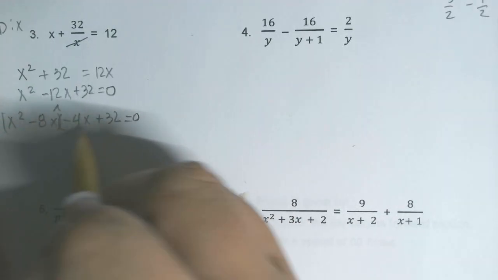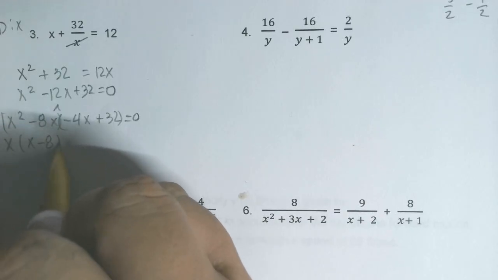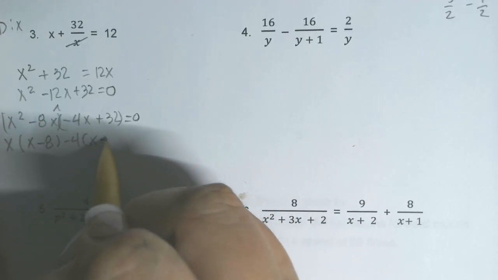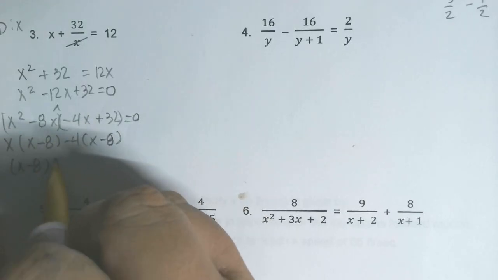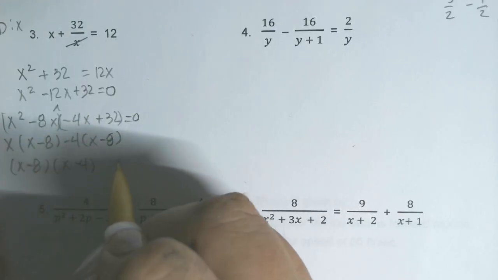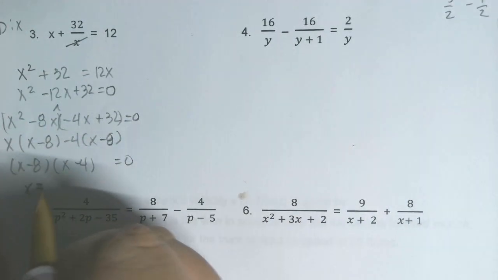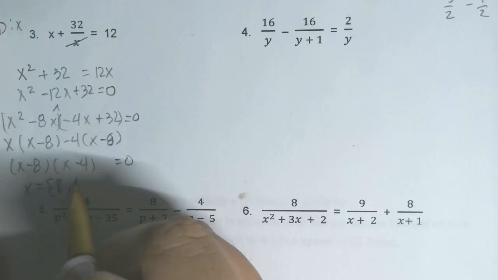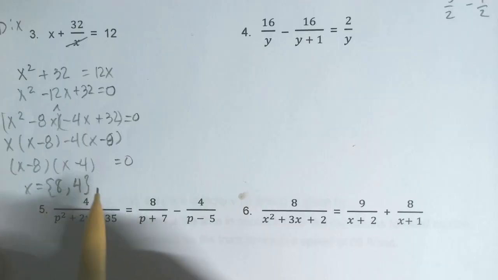And then we make our groups. So your factors are going to be x minus 8 and then x minus 4 equals 0. So we get x equals 8, comma 4.